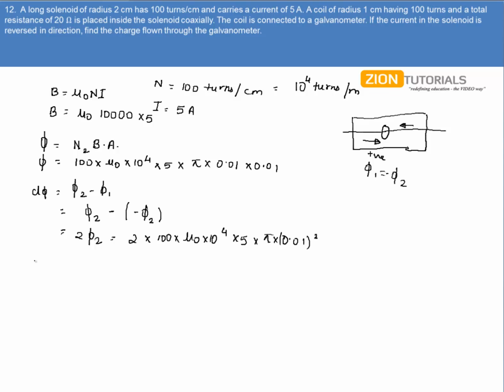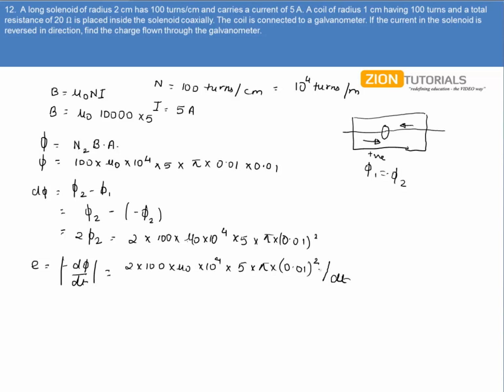Now we calculate the EMF induced in the coil, given by minus d phi by dt. Let's talk only about the magnitude. We have d phi, that is 2 into 100 into mu naught into 10 to the power 4 into 5 into pi into 0.01 whole square, divided by dt.